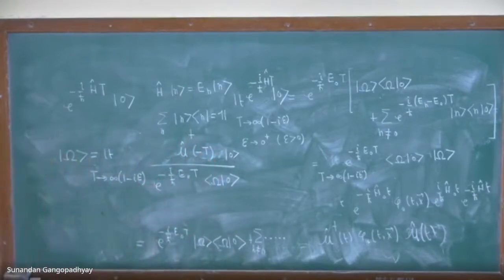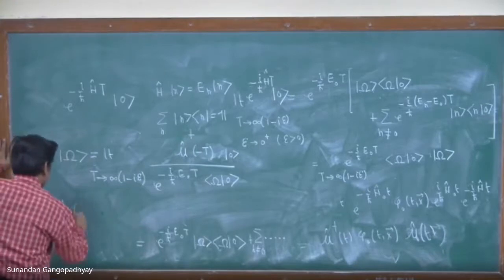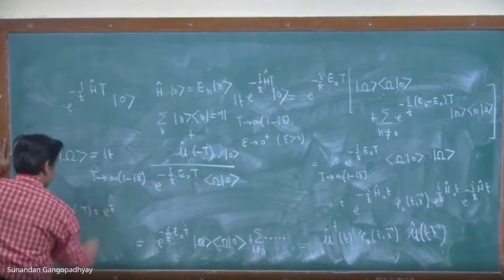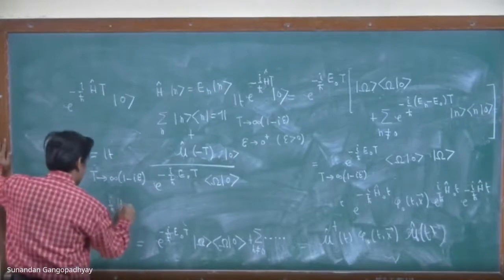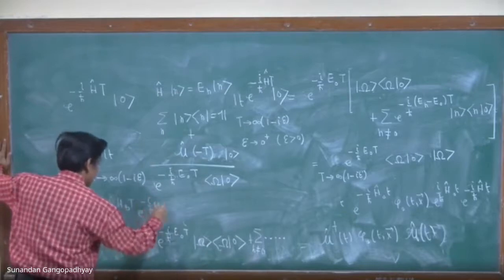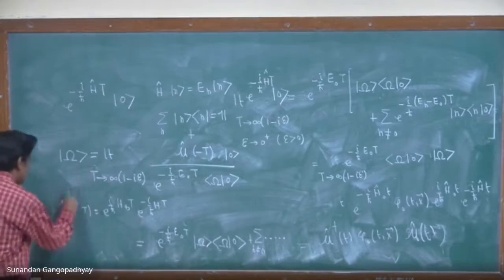So let us see what Û is. Û(t) is e to the power of i/ħ Ĥ₀ t, this.